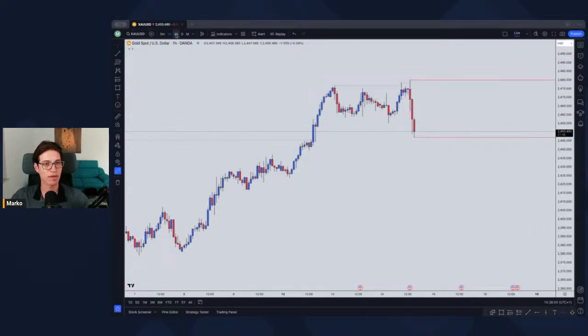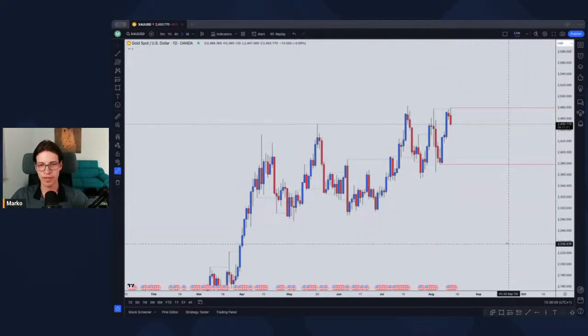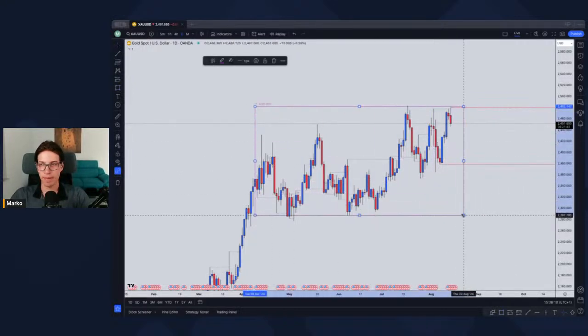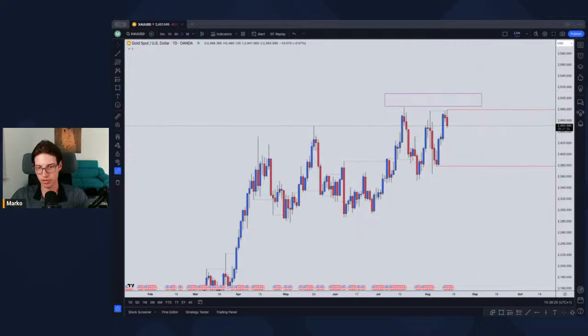Gold, daily. Okay, we're trying to break higher, but until we do, I classify this as just being very range bound, for me personally. I mean, it's just going nowhere. So I would need these highs to be broken with some major force, or these lows.